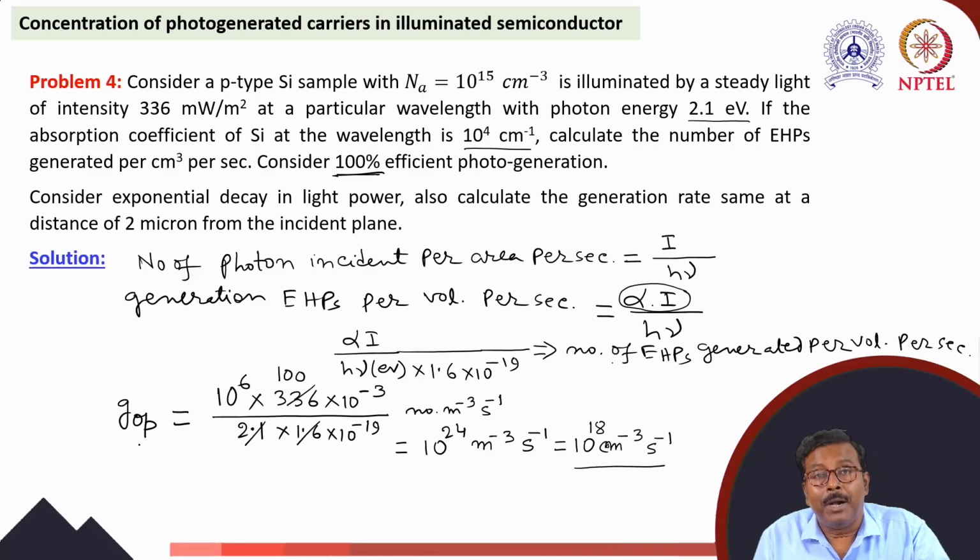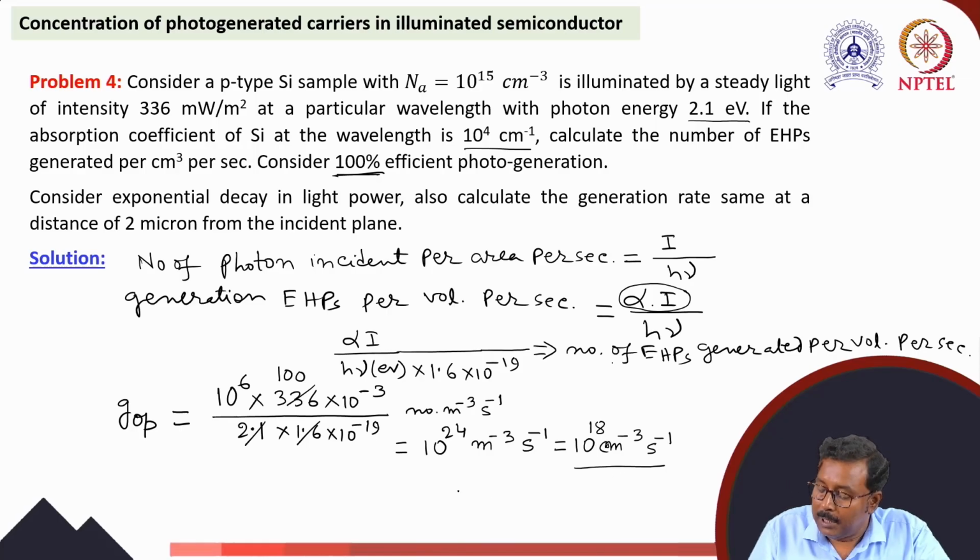This needs to be multiplied with an average carrier recombination lifetime. That is generally given in microsecond. So if your G optical, that is optical generation rate, is per volume per microsecond, if you directly multiply with the microsecond number, that will give you the number of EHPs per volume only. That's why sometimes it is represented in microsecond inverse.